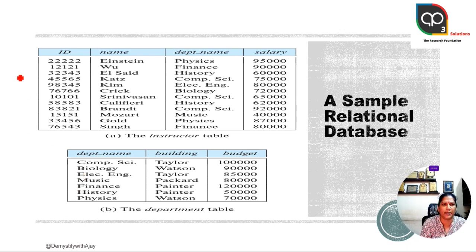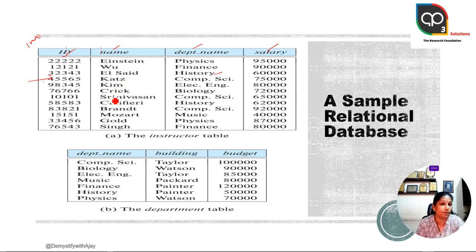Here's a table called instructor, and here we have ID, name, department, and salary. Kindly observe, dear friends, a particular ID belongs to history. Each row is one instructor, and each column stores a particular attribute.